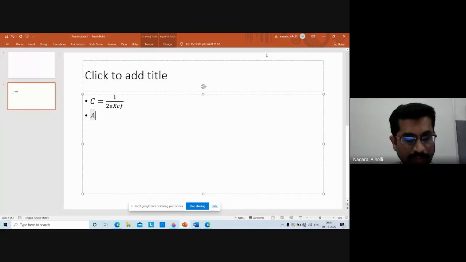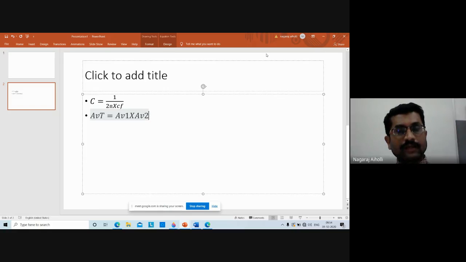Then AV total, the total voltage gain, will be equal to AV1 into AV2. That is, the voltage gain of the common emitter amplifier multiplied by the voltage gain of the common base amplifier. This is the overall voltage gain or the total voltage gain.